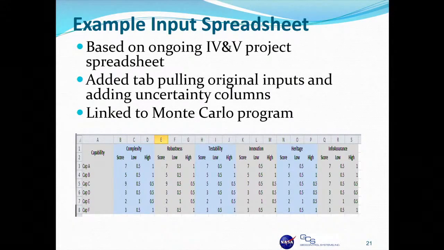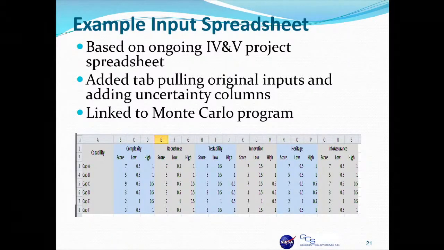So this is an example of their spreadsheet for a hypothetical project with a set of capabilities. We have the scores, and in this case we have the estimate for the score on a 1 to 10 scale instead of 1 to 5, just because it gives us a little bit more discrimination, and then a tolerance above and below.